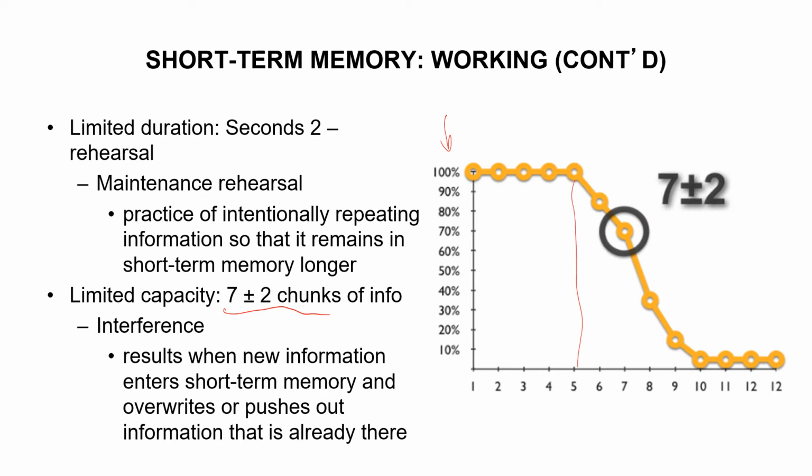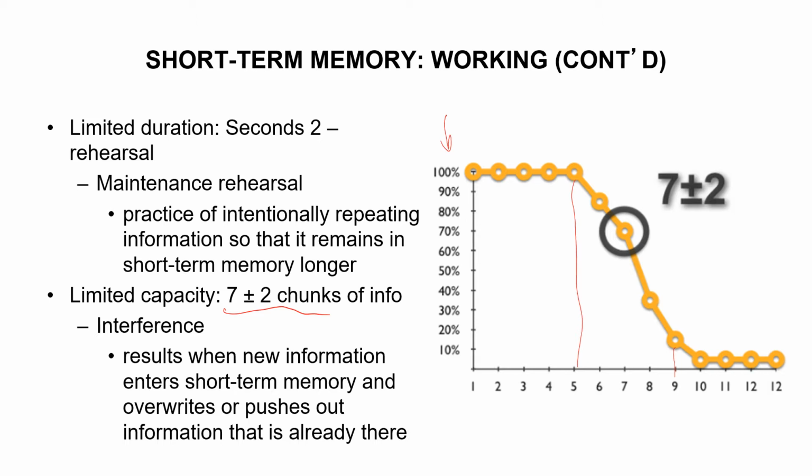Some people who have damage to their brain, who've had strokes, things like that, are at less than 5. But for the vast majority of people, basically 100% of people that don't have those types of damage, you can remember 5 chunks of information. And then you get up here at 9, and you're only at about 20%. Even at 10, above 9 pieces, you're looking at less than 10% of people that can do 10 or more chunks of information.